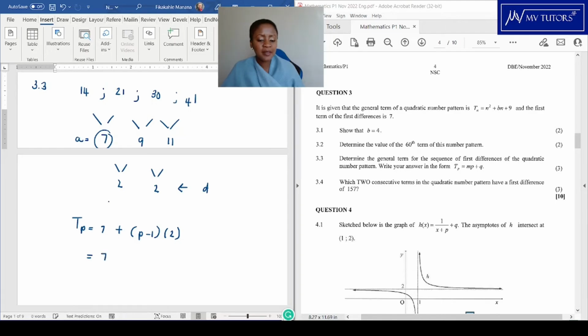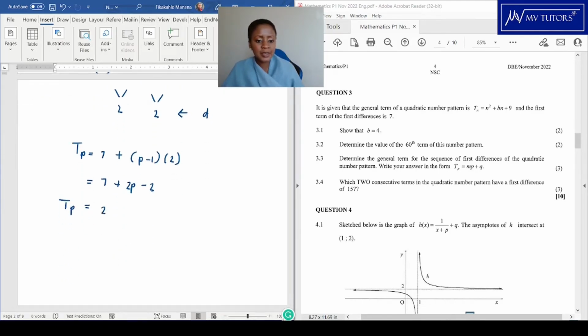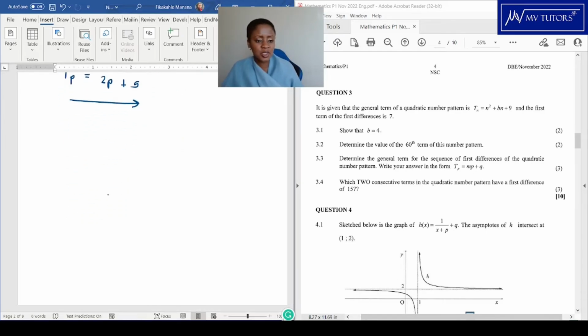Okay, so we have 7 plus 2P minus 2. Then our TP formula is basically 2P plus 5. All right, so in the place of M, we have 2, then P in the place of Q, we have 5. So we have it. Nice, 3 marks. This question was actually quite straightforward.